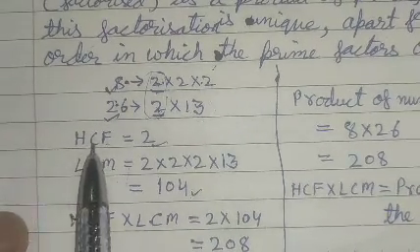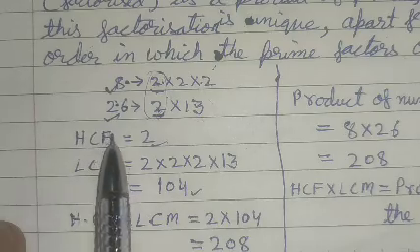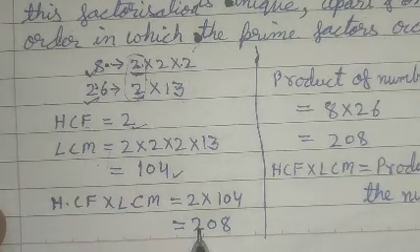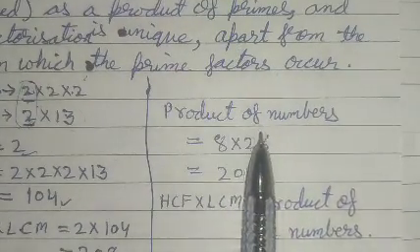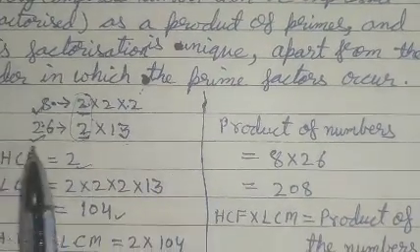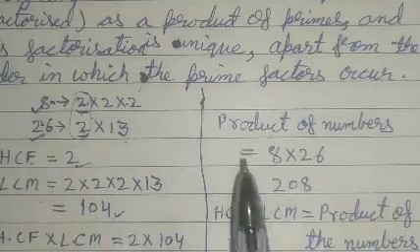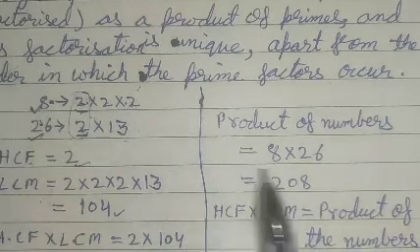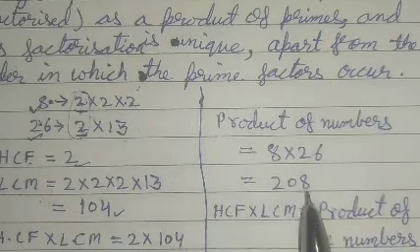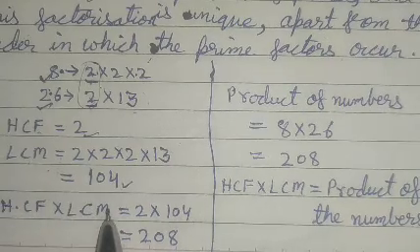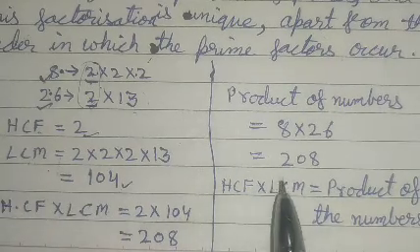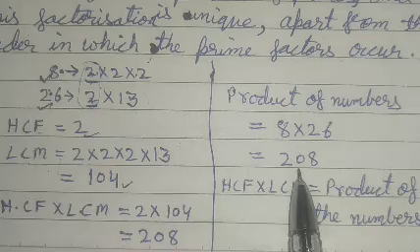Now if we take the product of HCF and LCM of 8 and 26, the product is 208. And if we take the product of the numbers for which we were taking LCM and HCF, this is 8 and 26. This is also giving us 208. That means, what does this tell? That the product of HCF and LCM of the numbers is equal to the product of the numbers.